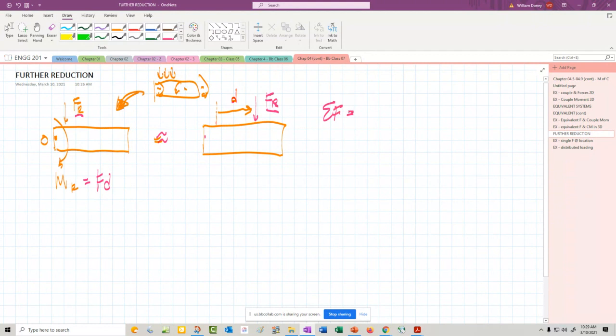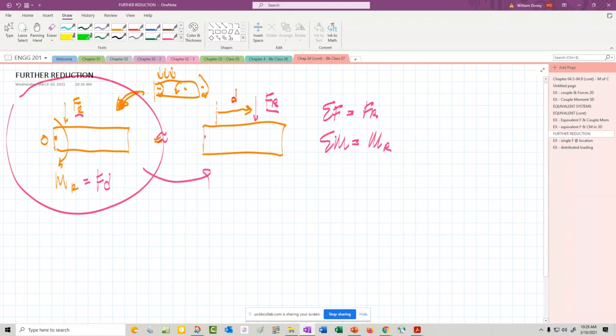So summing forces, I get the same thing, and summing moments, I get the same thing. So once I get to a single force and single moment, now I want to slide that force, so maybe it can be a single force acting at a different point.